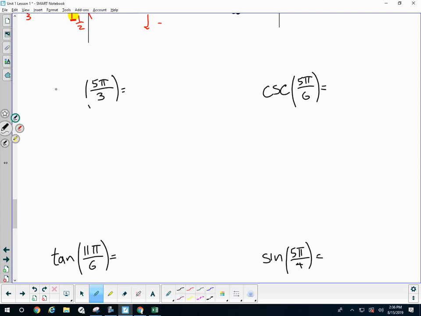What did you say? I changed this problem from the secant of 5 pi over 3 to cosine 5 pi over 3. But we will also figure out the secant of 5 pi over 3 at the same time. You need to try to do it without using any references.